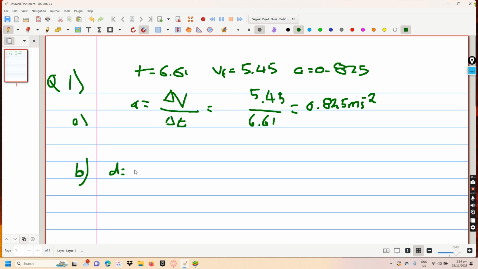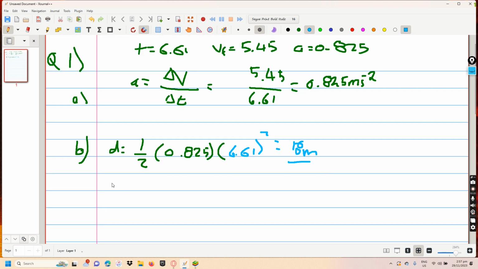Vi t plus half a t squared. Yeah, we can do that. Vi t is just 0, half times the acceleration times the time squared, which gives 6.61 squared times 0.825 divided by 2 gives 18 meters.